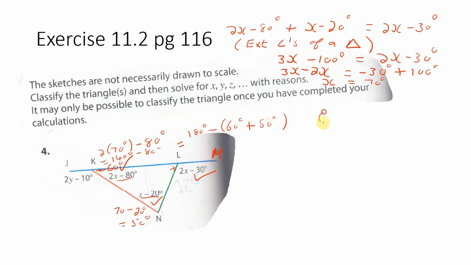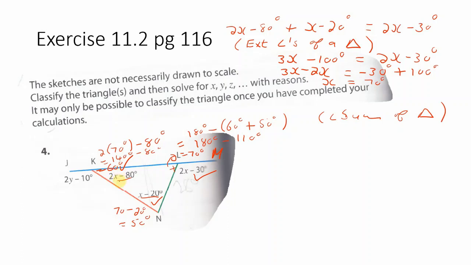The reason is angle sum of triangle, which we know is 180 degrees. So we have 180 degrees minus 110 degrees, which gives us 70 degrees. So this angle is 70 degrees.